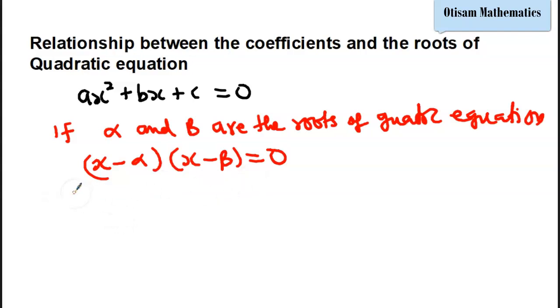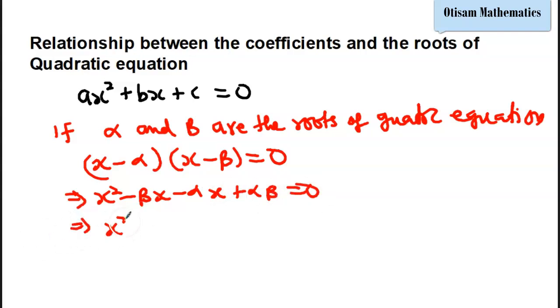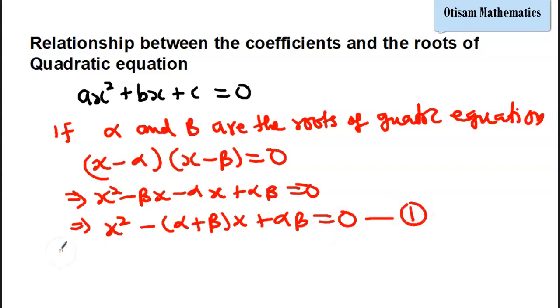So let's simplify. This implies that x squared minus beta x minus alpha x plus alpha beta is equal to 0. So we can write it as x squared minus (alpha plus beta) x plus alpha beta is equal to 0. So let me label this one as equation 1.